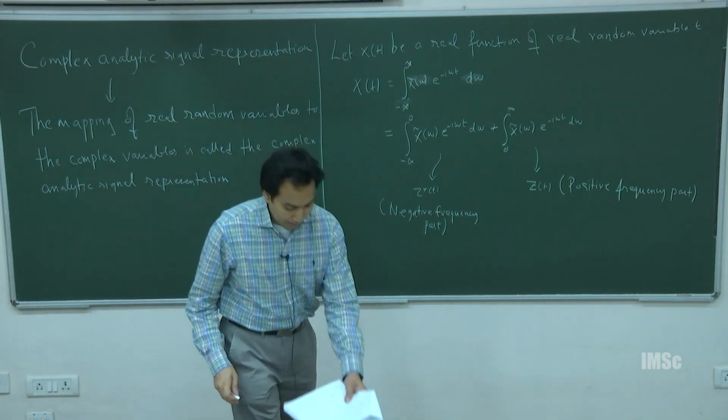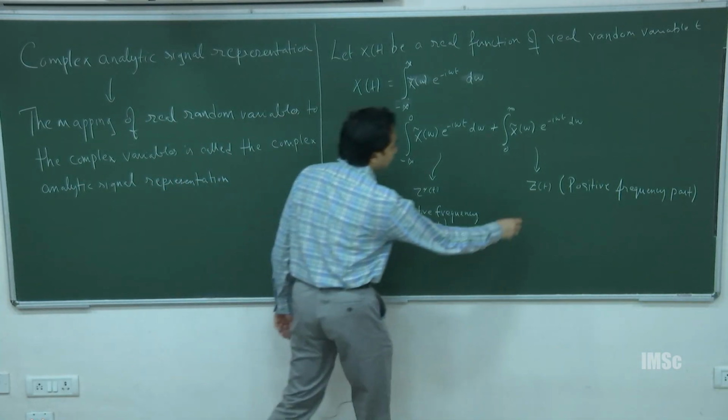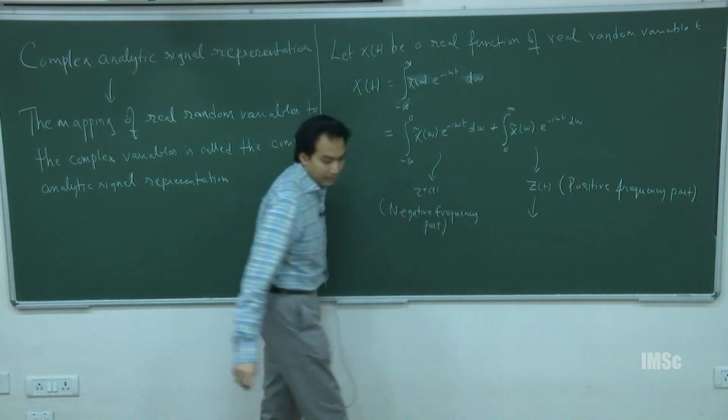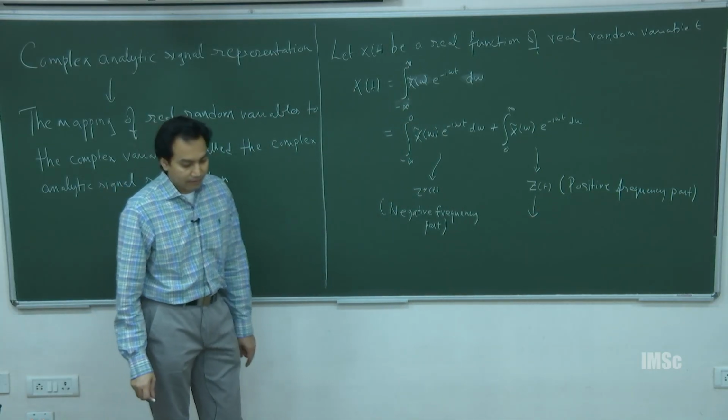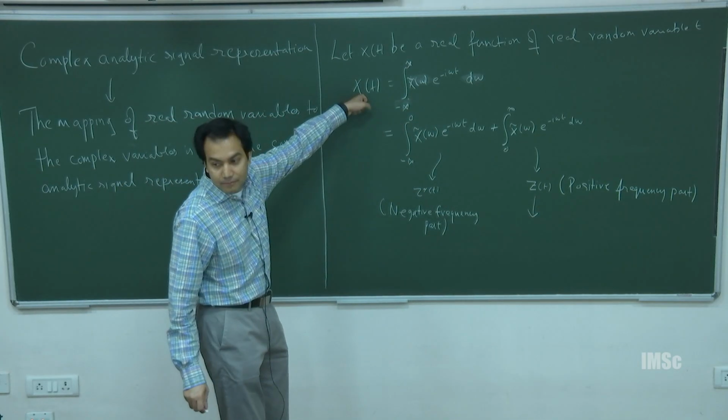And this quantity z of t, by definition, is the complex analytic signal associated with the real random variable x of t.